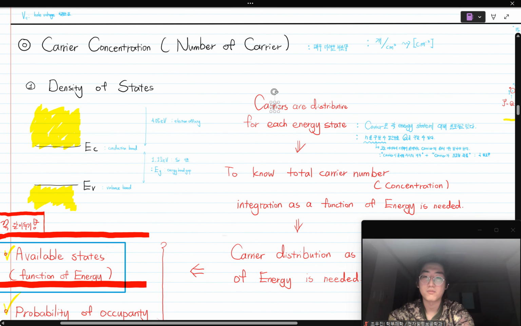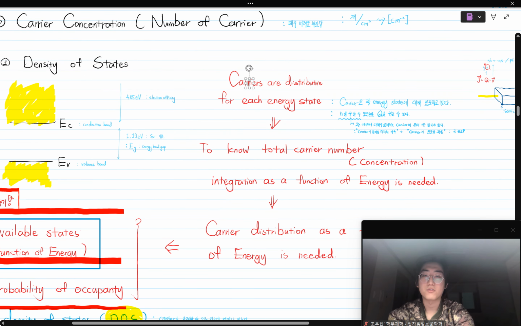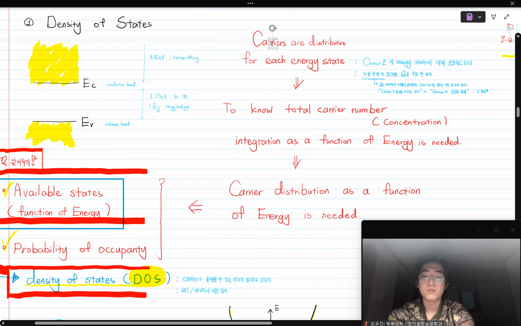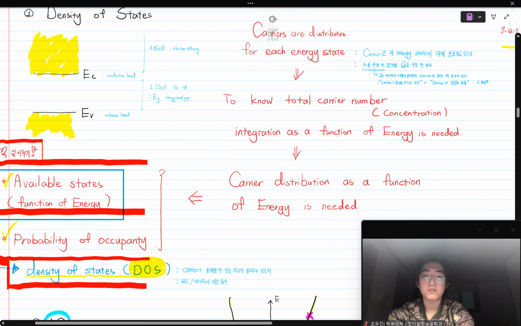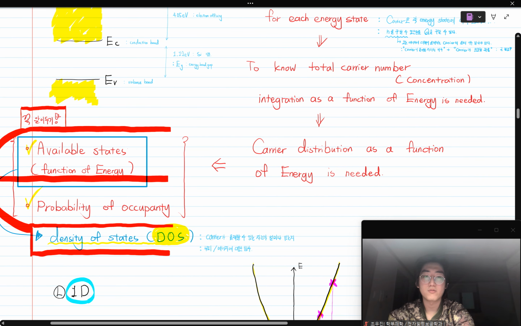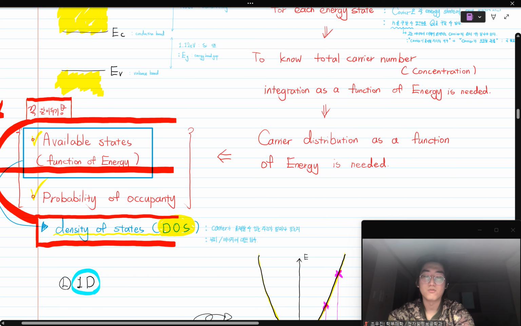Before density of state, I said that carriers are distributed for each energy state, as you know. And to know total carrier number, which means concentration, integration as a function of energy is needed. So carrier distribution as a function of energy is needed.